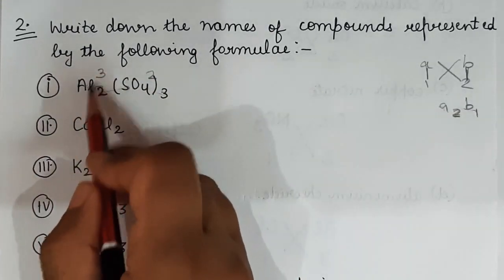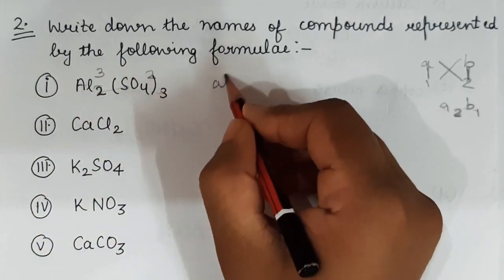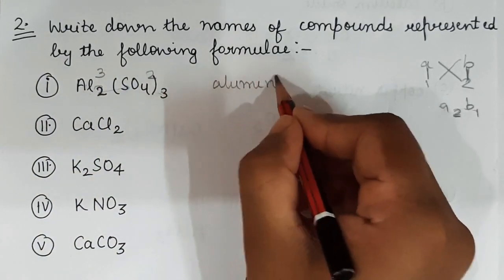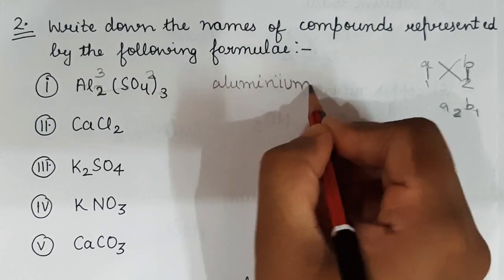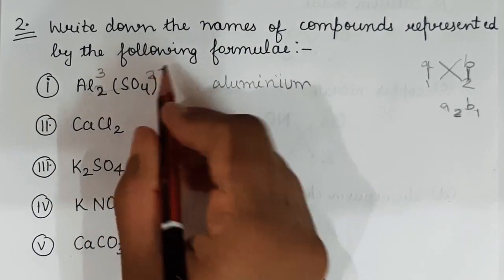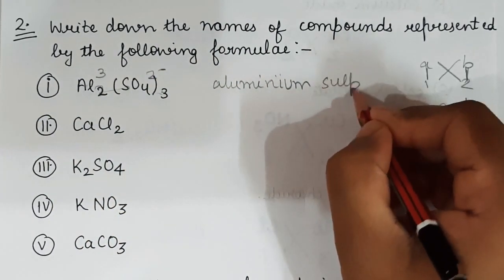So what is Al3+? That is aluminium. And what is SO4 2−? It is sulfate.